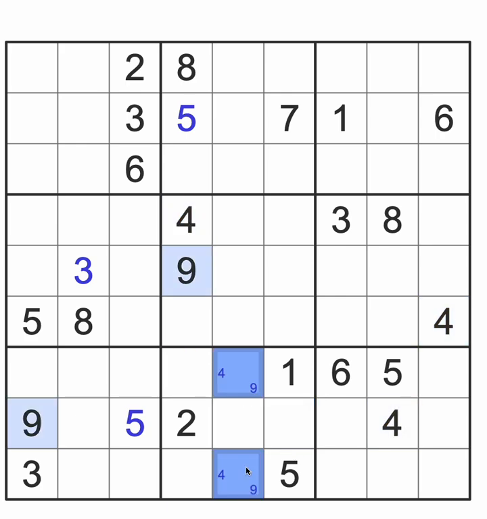That gives me 4, 9 double here. And 4, 9 double here gives me another 4, 9 double in box 2, because this 4, 9 block this cell, 4, 9 here block these. These cannot use 4 and 9. That gives me 4, 9 double here.